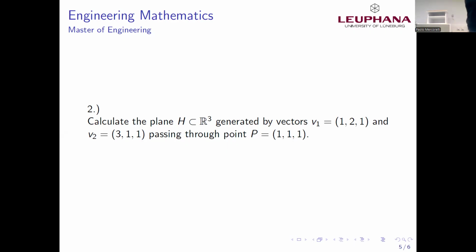A line could be defined using the direction. And intuitively, to orient the plane, it is enough to have two vectors, just as for a line, one direction was enough to orient it.